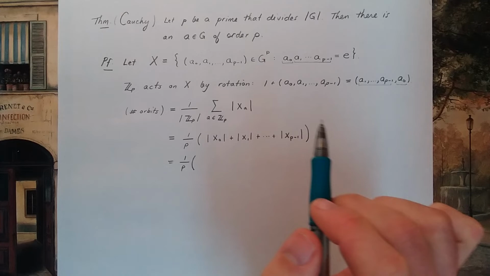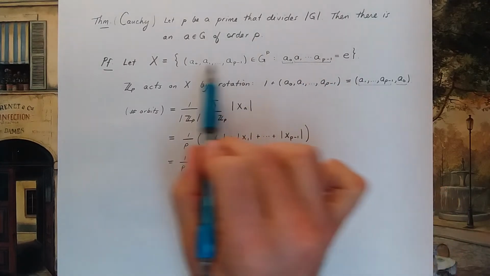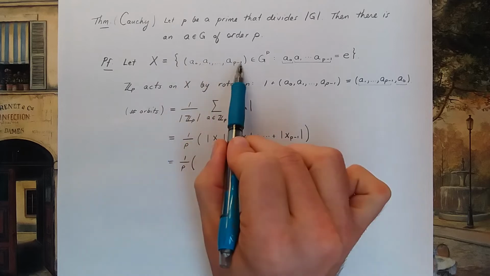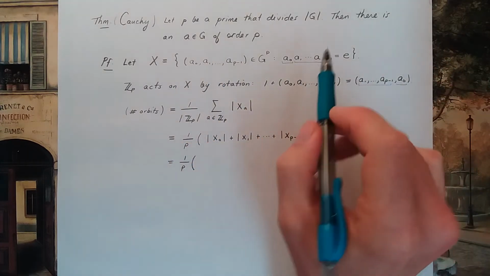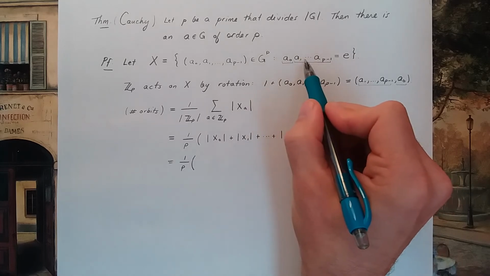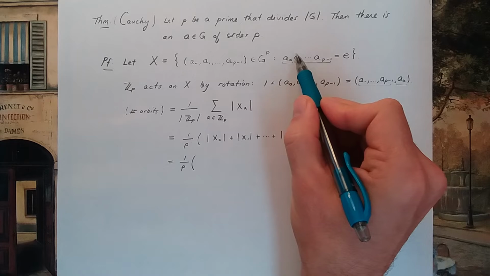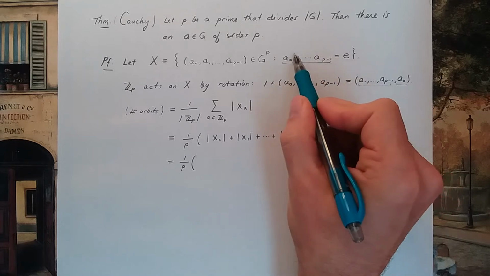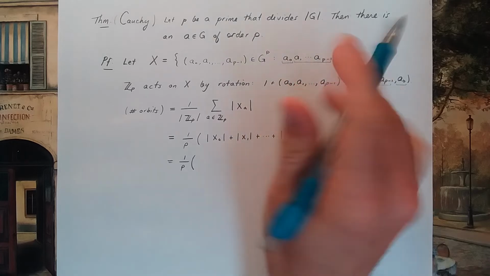So like our previous example, I have a bunch of free choices for the terms in my tuple except for 1. What I mean by that is I could pick a1, a2, a3 up to a(p-1) freely, but if I pick those elements in G, my choice for a0 is predetermined.